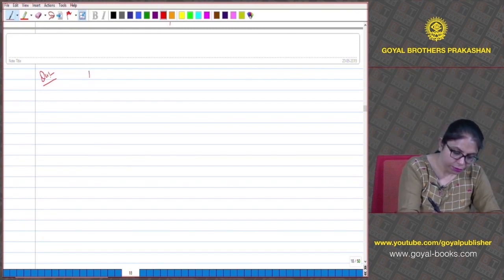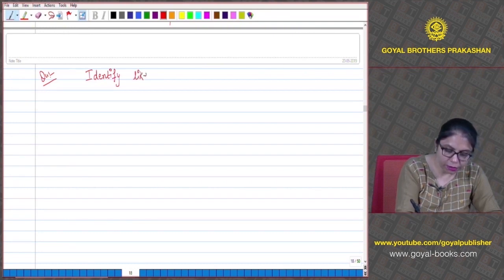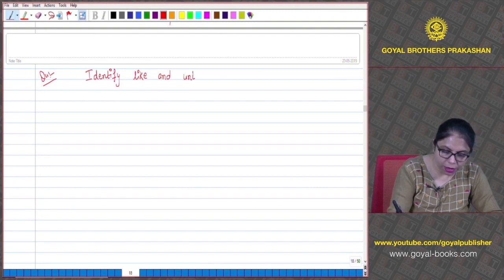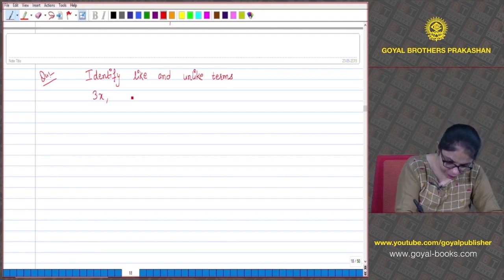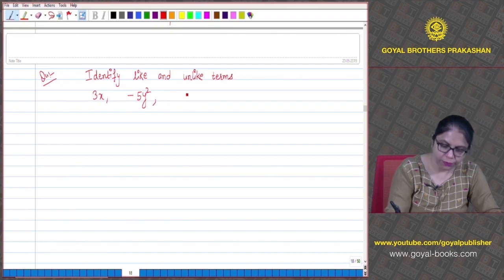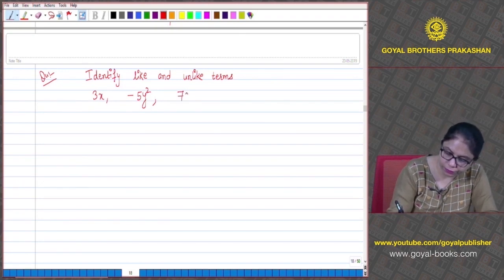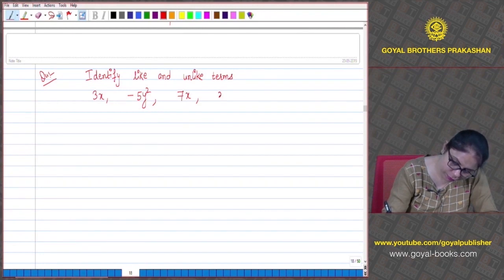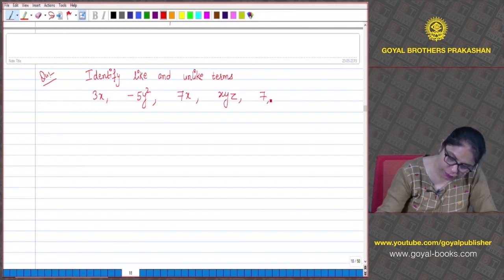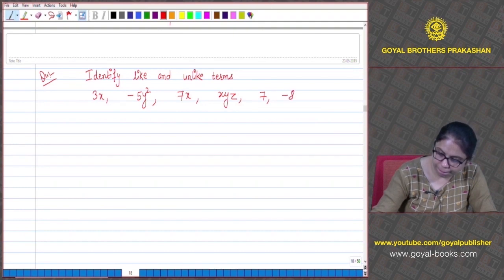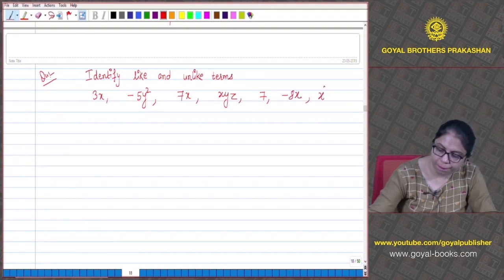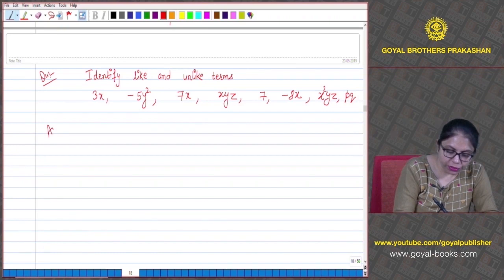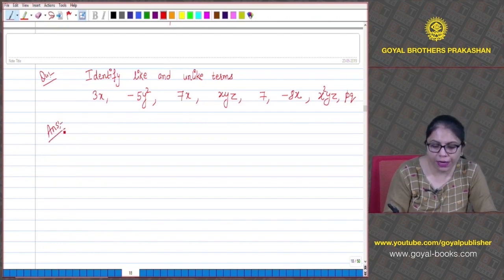Identify like and unlike terms. This is the question, and in this question you have to identify the like terms and unlike terms.